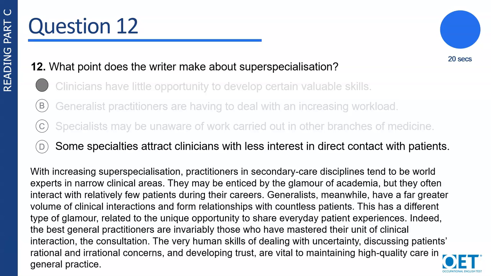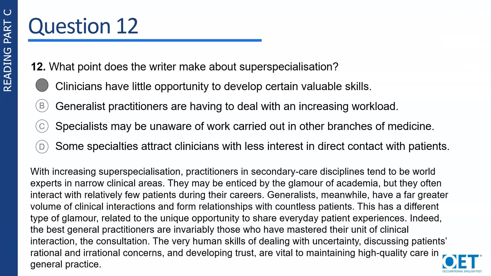Again, there is no evidence for this in the text. Compared to generalists, we can see from checking option B, they have less interaction with patients, but we are not given any explanation of whether this is the reason why they have chosen to be a specialist. We already knew the answer was A, and having gone through the 4 options, I can see why this is the only one that explicitly matches the paragraph.